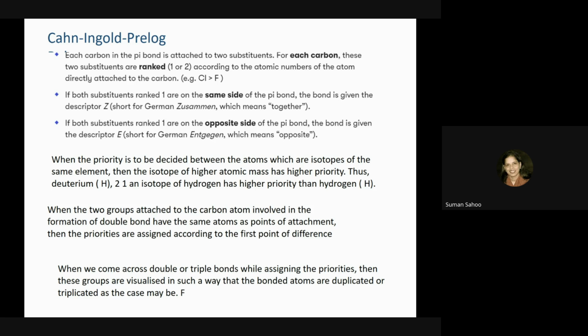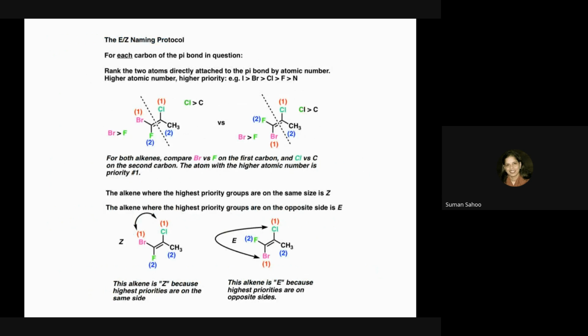If the ranked one or priority one are on the same side of the pi bond, then that is given the descriptor Z, and if it is on the opposite side, then it is given E.